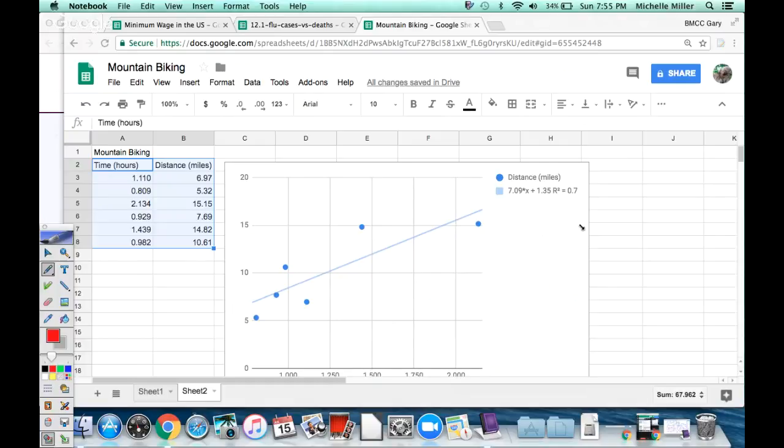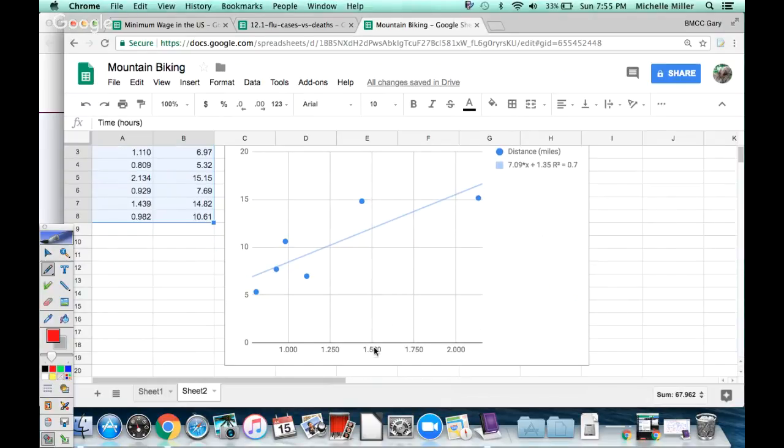On this particular model, if I went for 1.5 hours, and then I trace over, it looks like I'm going to go about 12 miles, somewhere between 10 and 15, a little below the middle. So within the data set, when I use the line, the equation, to make a prediction, that's called interpolation.